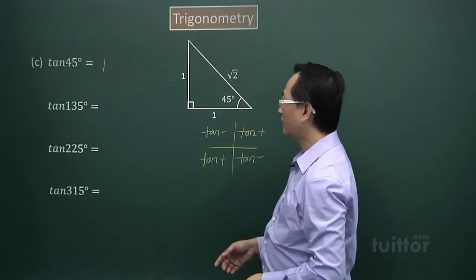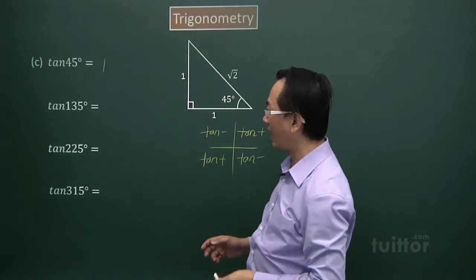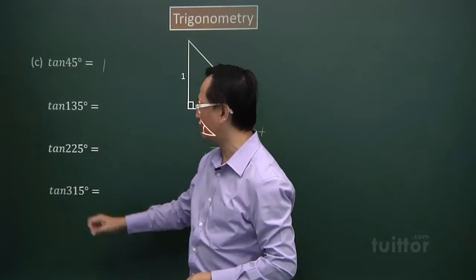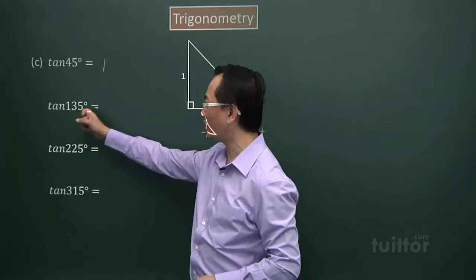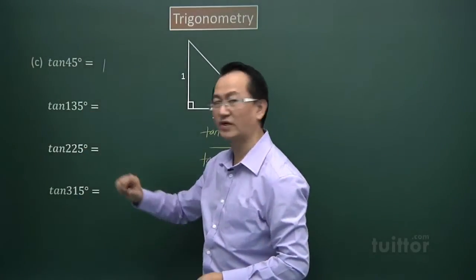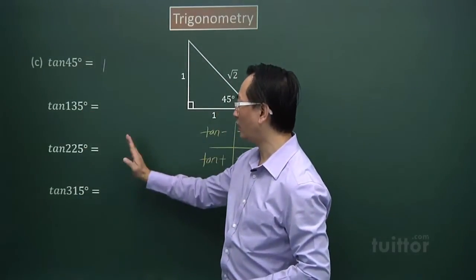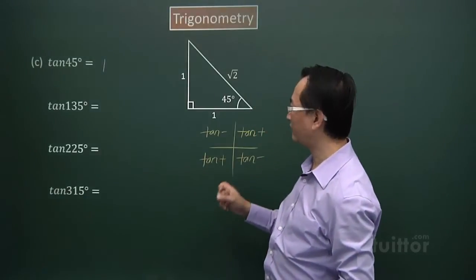So the absolute value of these 3 functions, with the second, third, and fourth quadrant angles, will be 1, 1, 1. But I have to take care of the sign.